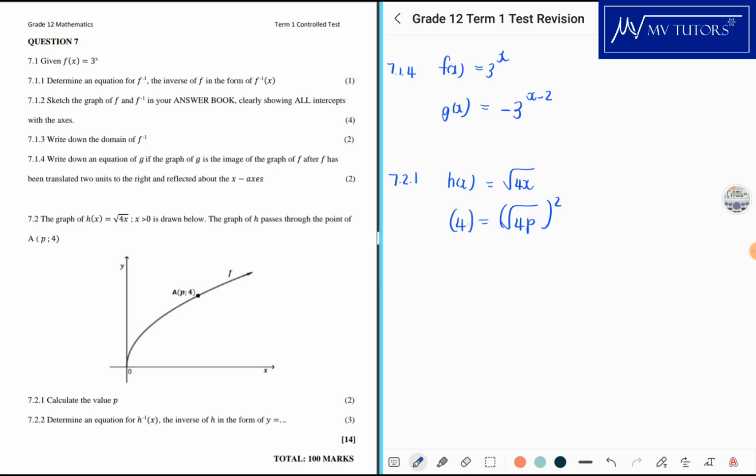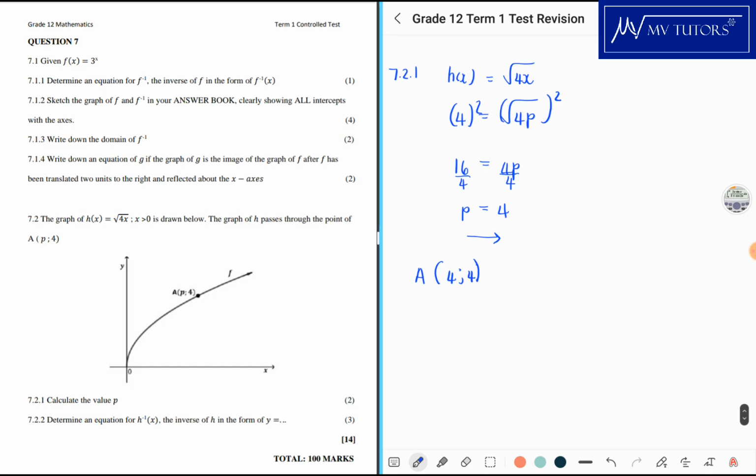If we square both sides, we get 16 is equal to 4p. Then dividing by 4 on both sides, p is equal to 4. So you can write that the coordinate of A is (4, 4).